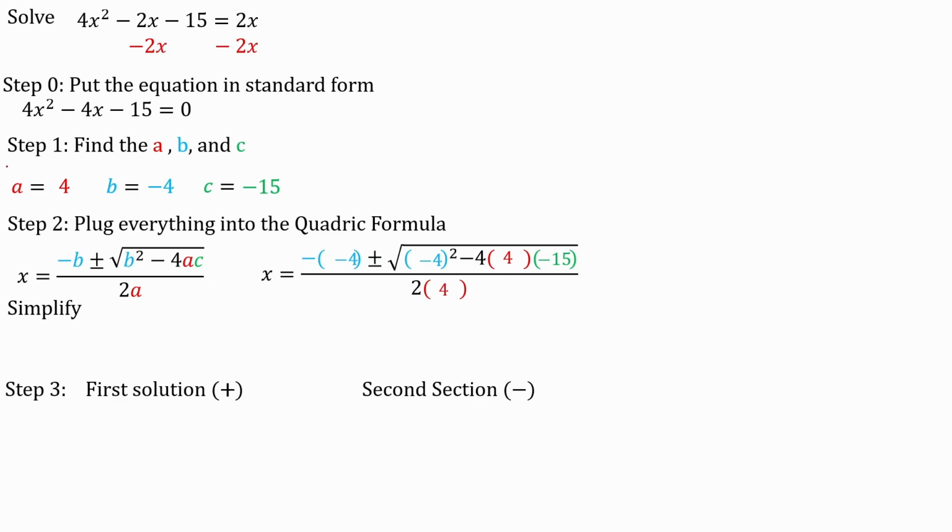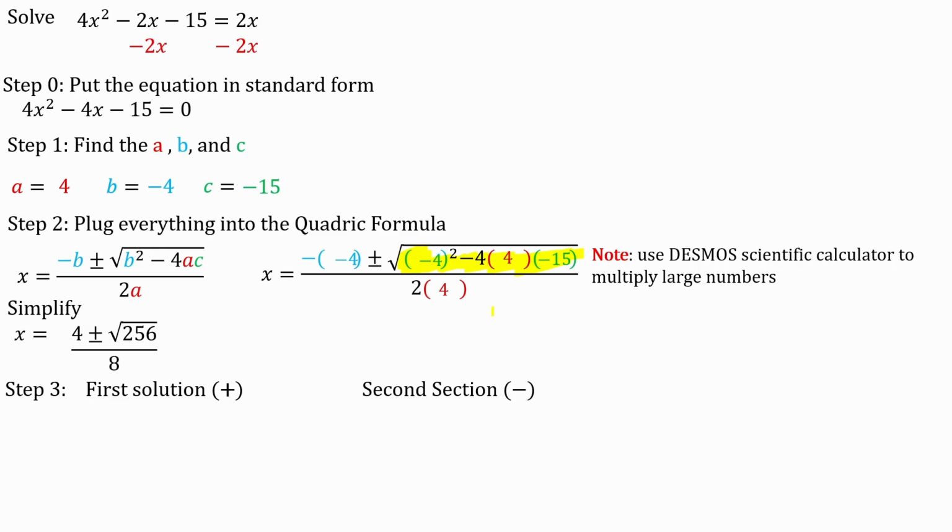Notice that we have to use a calculator to simplify this. The negative 4 squared minus 4 times 4 times negative 15 is the square root of 256. The negative times the negative 4 out in front becomes a positive 4.